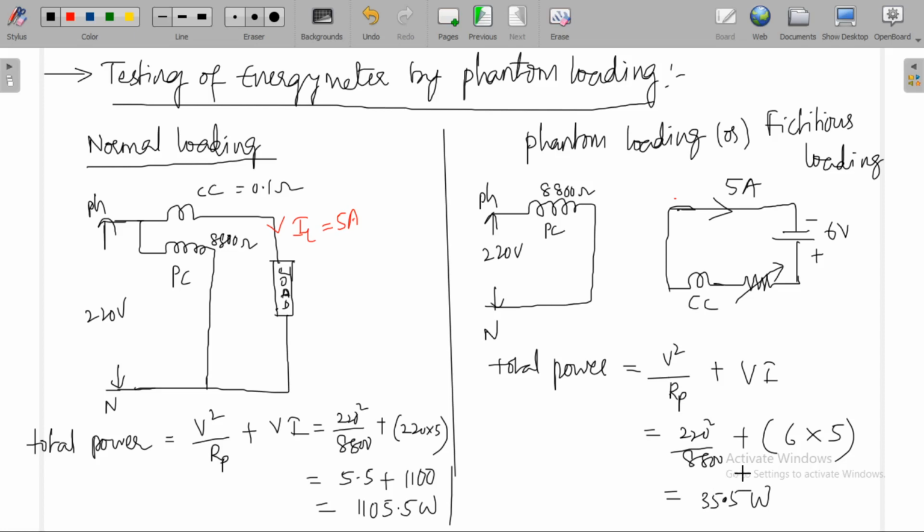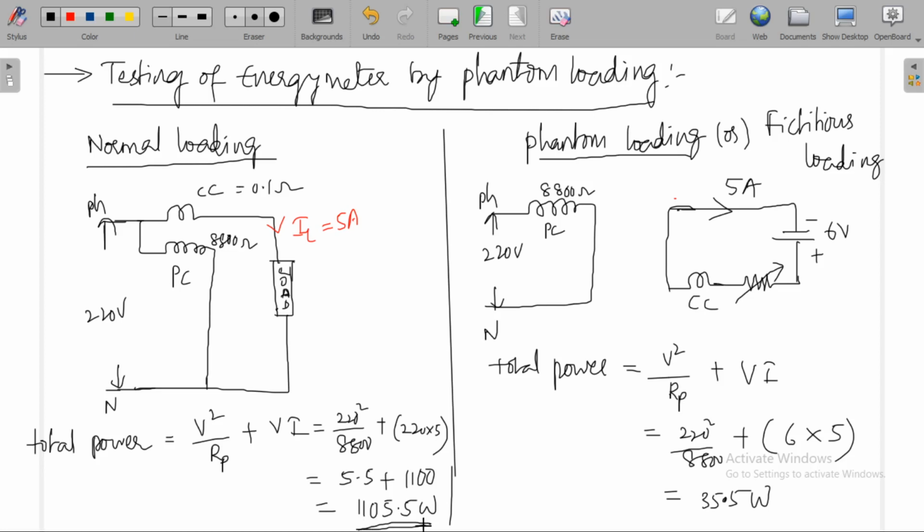So we can reduce the power loss by using phantom loading. When the current rating of an energy meter under test is high, we go for phantom loading instead of normal loading, because with normal loading we get a huge power loss.